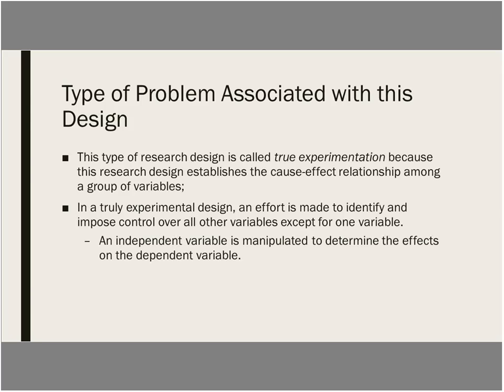In a truly experimental design, we always want to identify and impose control over all the variables except for one. So an independent variable can be manipulated to determine the effects on the dependent variable. Keep in mind, independent variables are those types of variables that can be manipulated, and the effect is seen on the dependent variable.